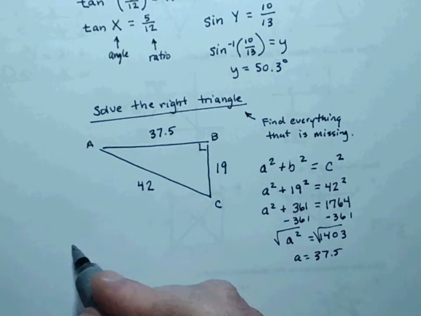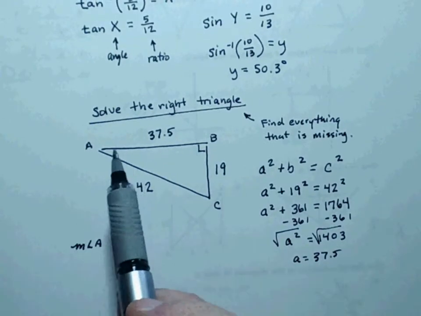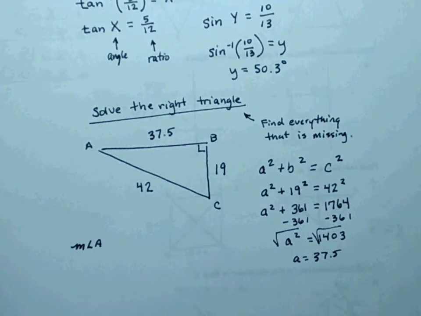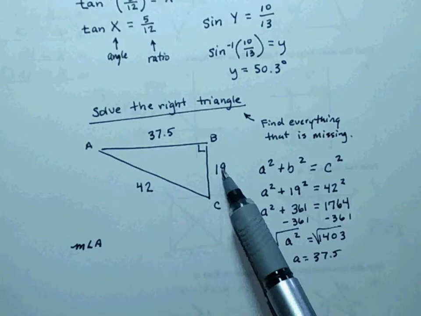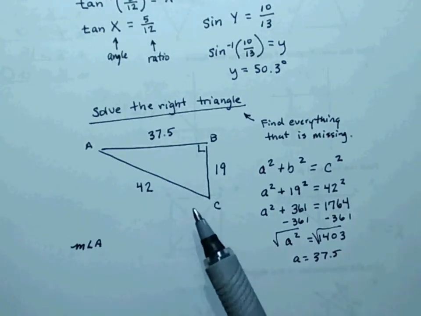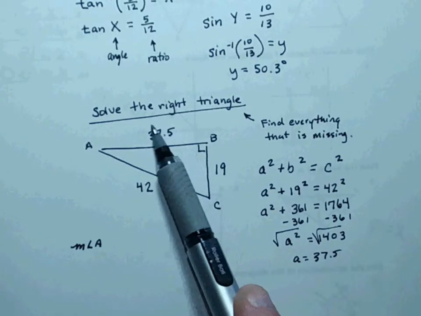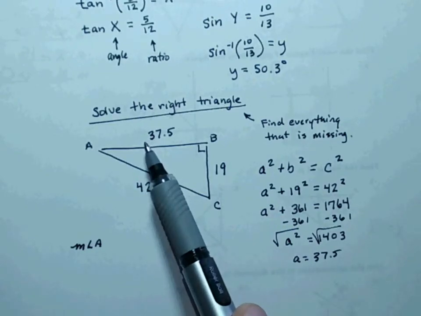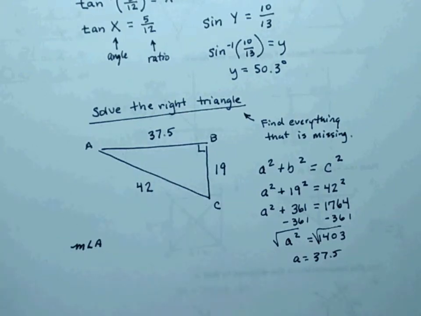Let's look at the measure of angle A first. To find the measure of angle A, we need to see which sides we have. I would say let's use 19 and 42 for a couple reasons. Number one, they're whole numbers, not a decimal like this. And number two, the biggest reason, is because 37.5, remember, we rounded that number, so that's not the exact answer. 19 and 42 are exact because they're whole numbers.